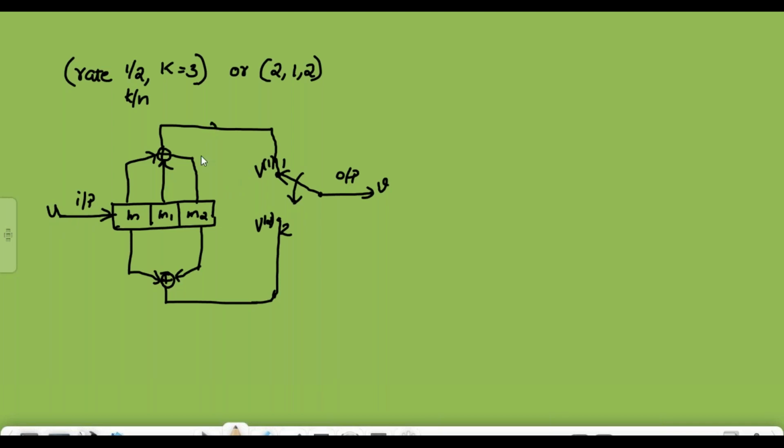Okay, that is one representation, where we are using three memory elements, and another we can represent with two memory elements. That representation can be done like this.